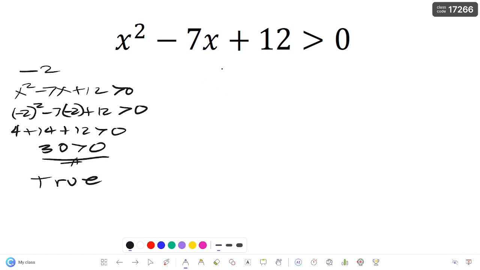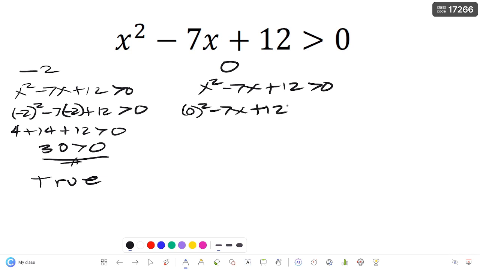Diba? So, kapag naman 0, yung x squared minus 7x plus 12 greater than 0. Solve natin: 0 squared minus 7 times 0 plus 12 greater than 0. Substitute pala natin yan.